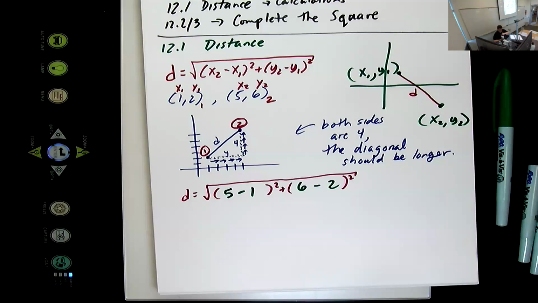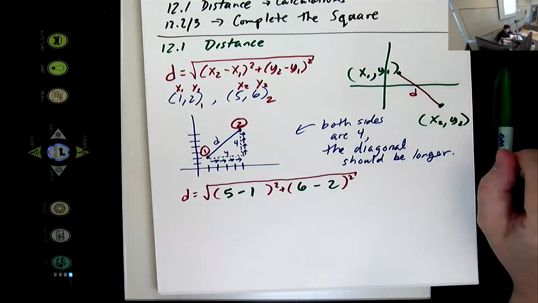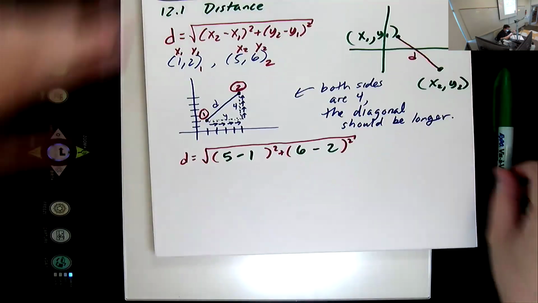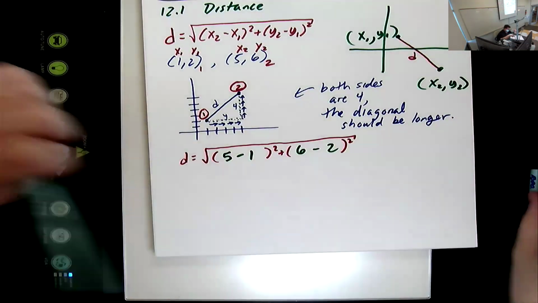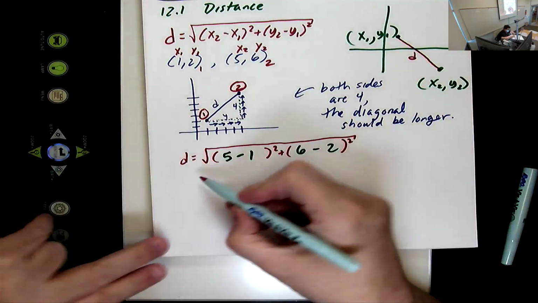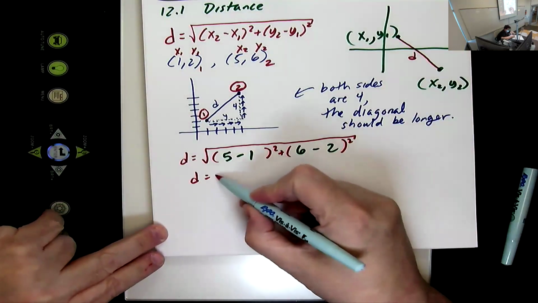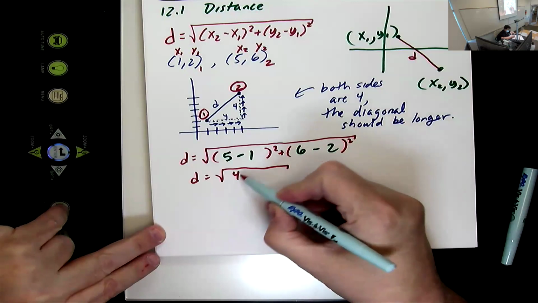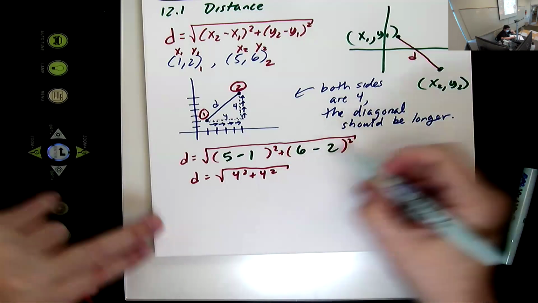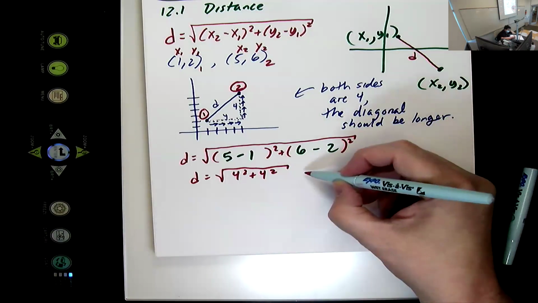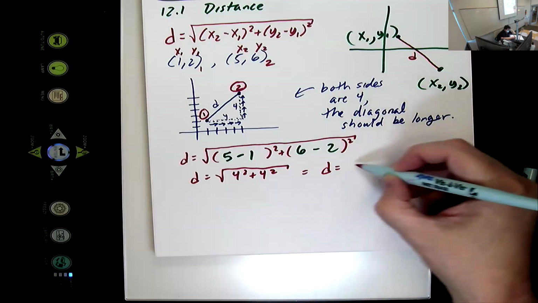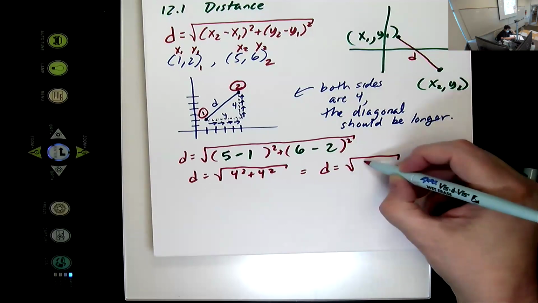Just to make sure. So, what is that? That's 4 squared and 4 squared? And rather than adding them together, I'm going to rewrite it like this. That is 2 times 4 squared.